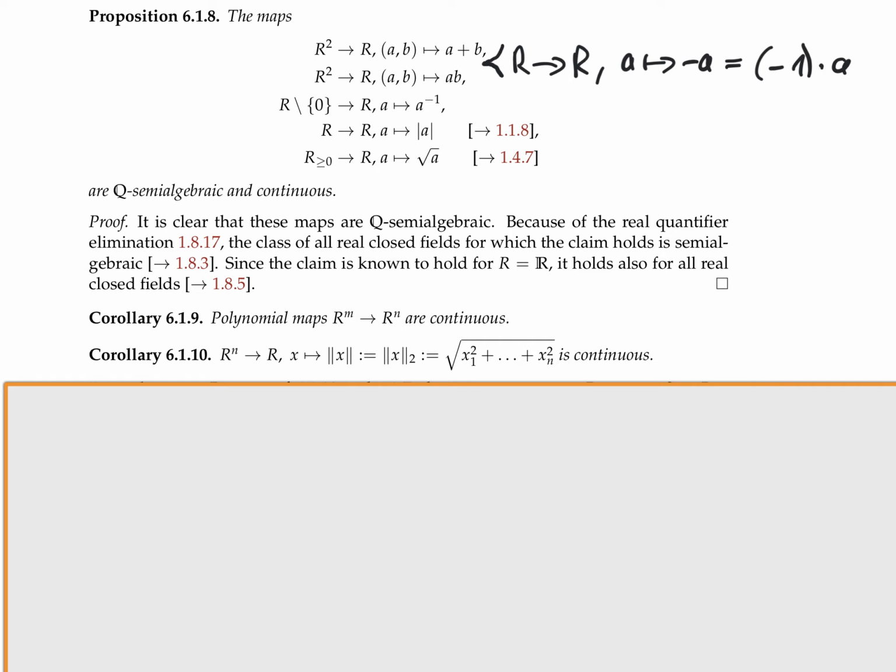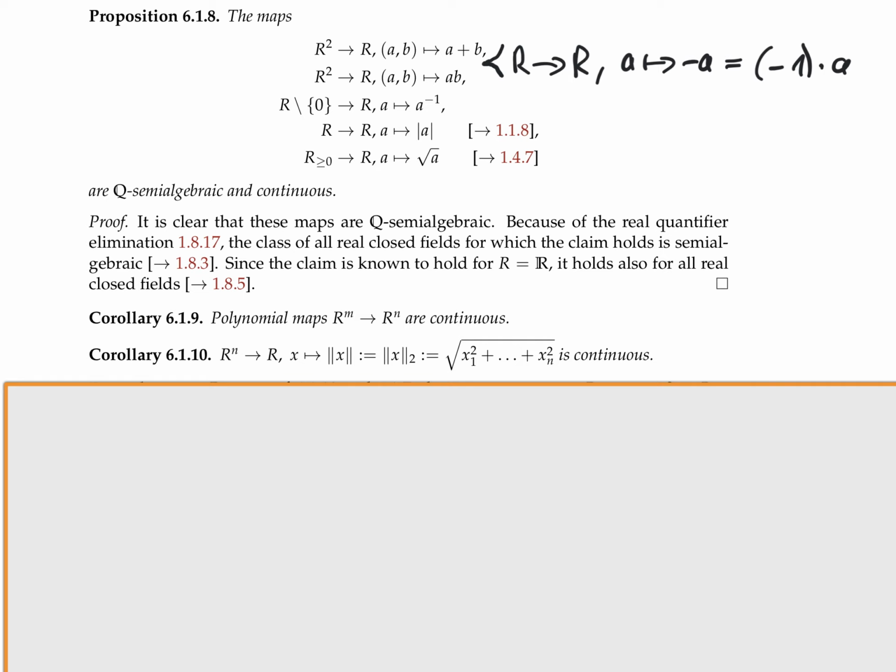Because I'm in a real closed field, the sum of the x_i squared will be non-negative there, and I can take the square root of it. So I can define the norm of x, or sometimes I write the two-norm of x in order to distinguish it from other norms. Note that this is not a norm in the classical sense. Classically, a norm is real number valued, and this is valued in this real closed field.